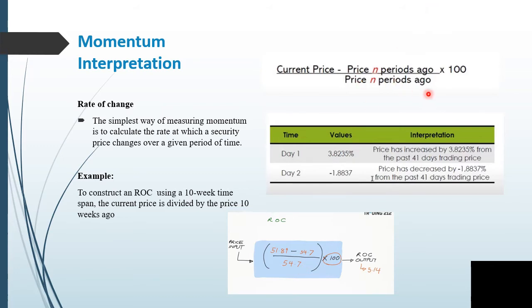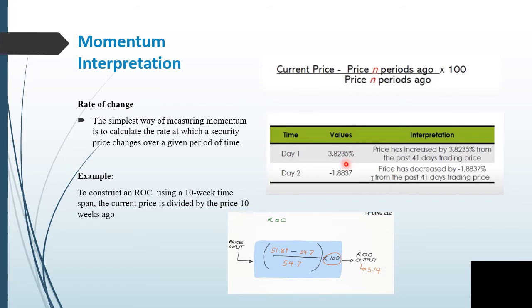So n periods ago, you decide whether you want to look at 10 weeks or maybe 12 weeks. And then you times 100, and you will get 5.14%. So that is the rate of change.